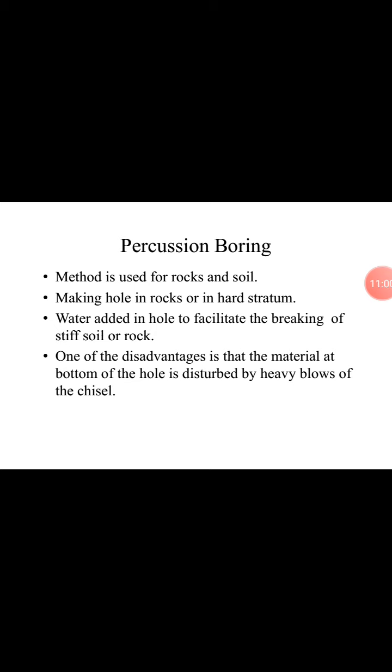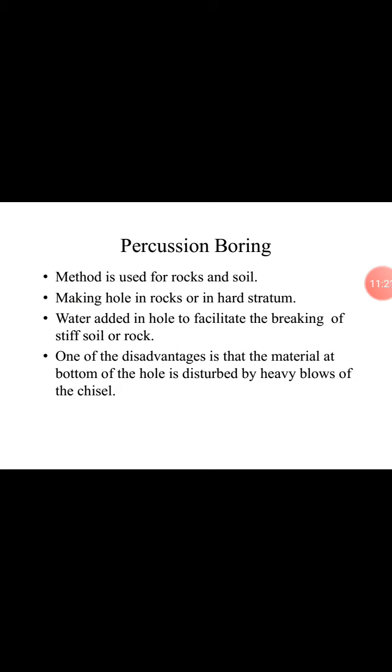Now next is percussion boring. This method is used for rock and soil having boulders, which are broken up by repeated blows from the bit or chisel. This method is used for making holes in rock in a hard stratum, and water is added in the hole to facilitate breaking of the stiff soil or rock.